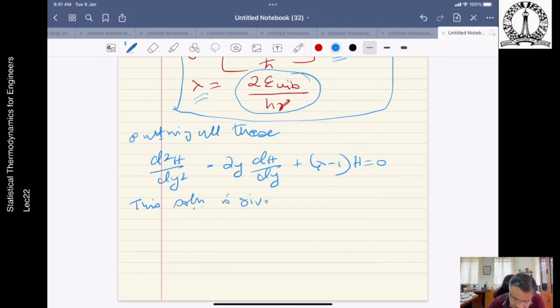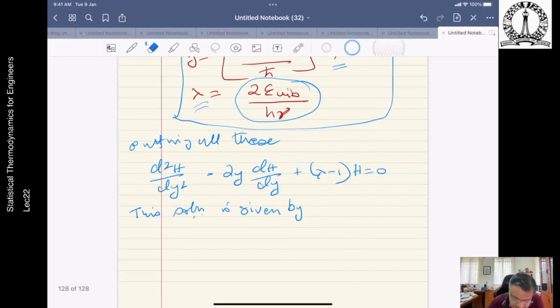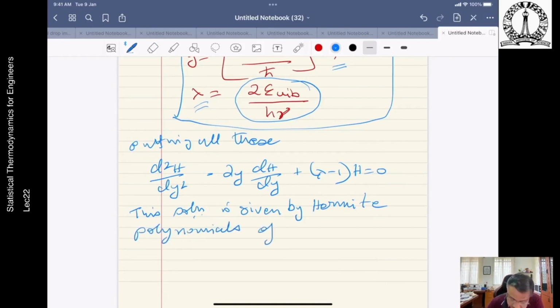So this solution is given by the Hermite polynomials of degree, let's assume, v.